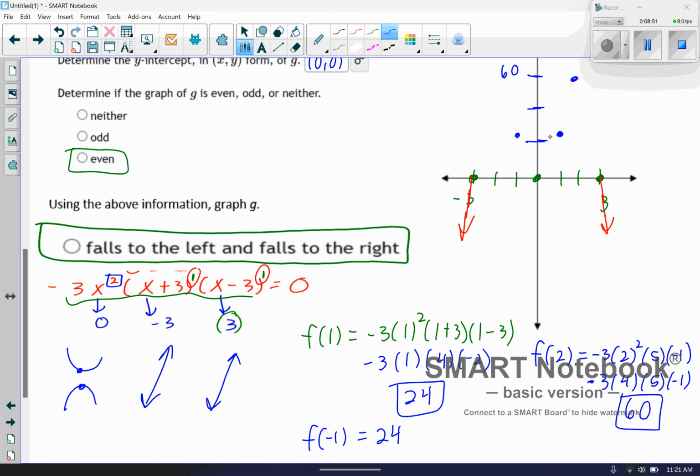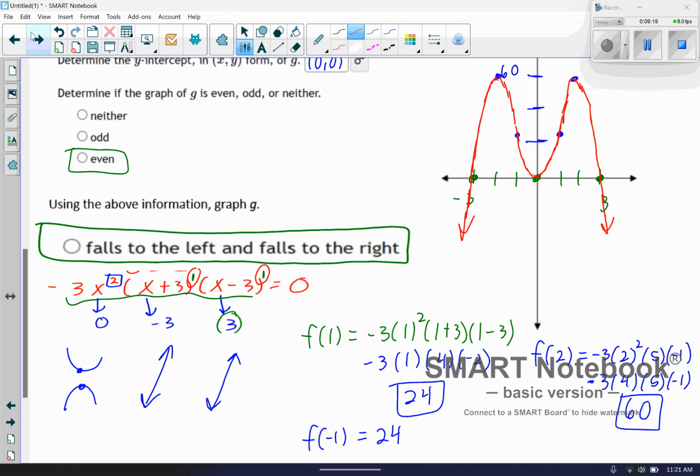And then, like I said, -1 will be the same, and -2 will be the same as +2, so you can just reflect those across the y-axis. And so we'll come up here, just try to do it with a smooth curve. Like I said, on your homework, you're just going to be picking from multiple choice graphs, but it should be set up the same way. It'll be scaled for you like that.